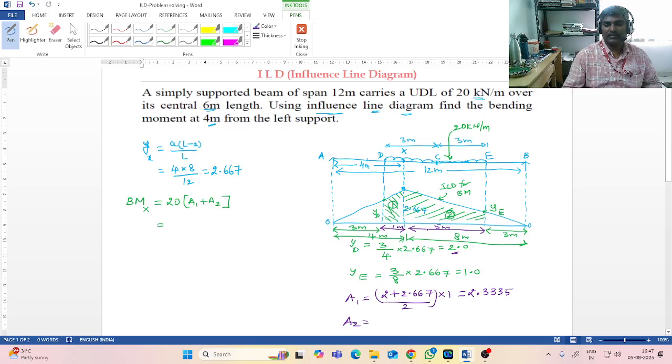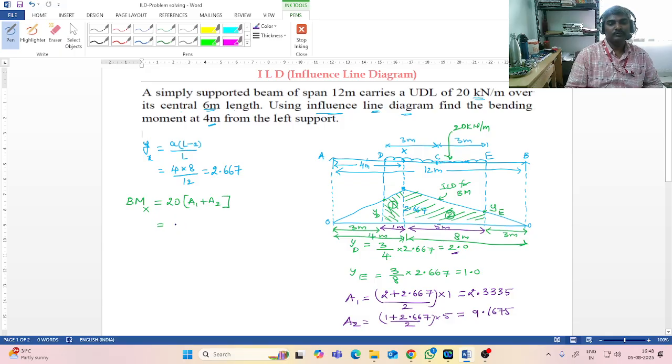Similarly, the second area, to the right of the section, area of trapezoid is equal to 1 plus 2.667 by 2, average of two parallel sides. 2.667 is this one and YE is 1. Multiplied by the distance between them, which is 5. So this comes out to 9.1675.